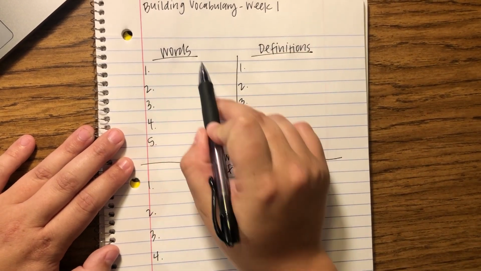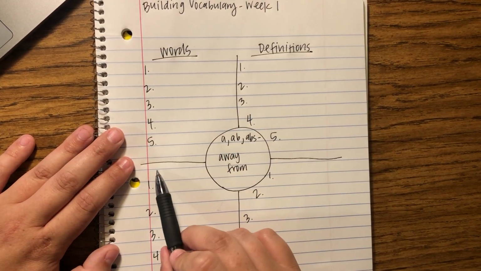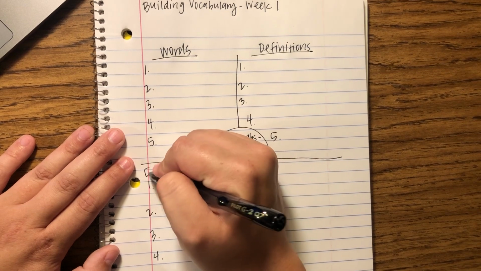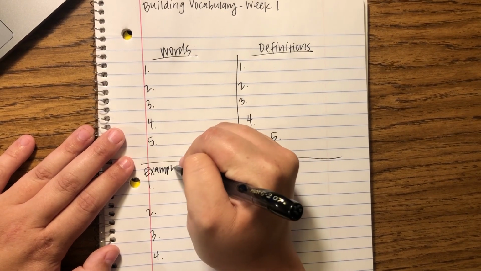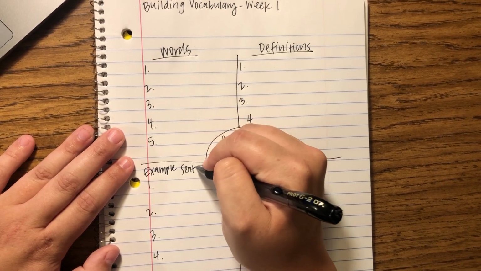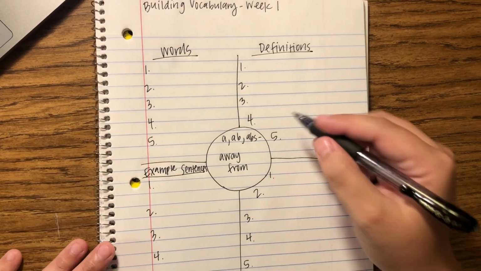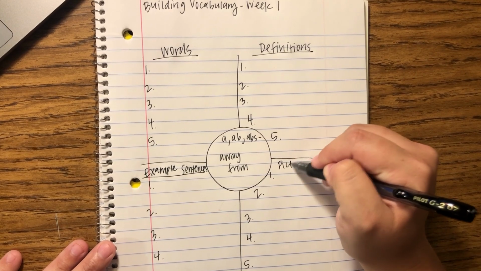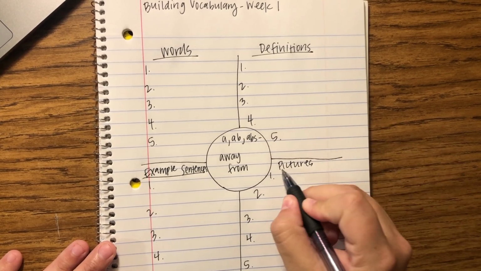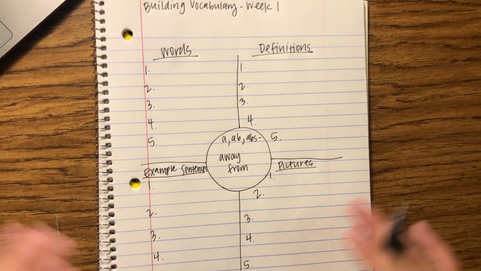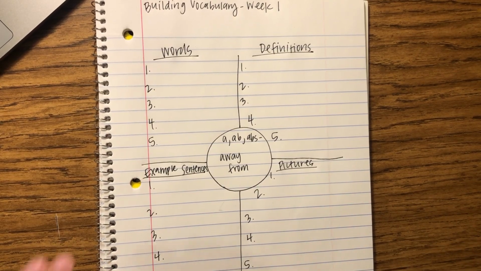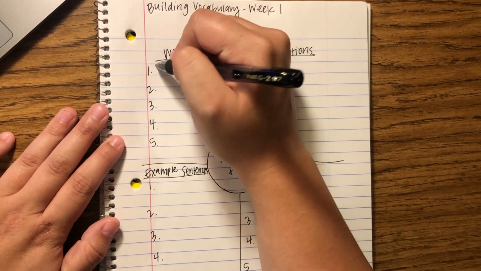So you see word number 1, definition number 1. And then in this bottom corner, we're going to put example sentences. Underline that. And then in this bottom corner, we're going to put pictures or something that is like a graphic that will show us what that word means or what we think of when we think of that word or hear that word. So our first word is going to be absent.